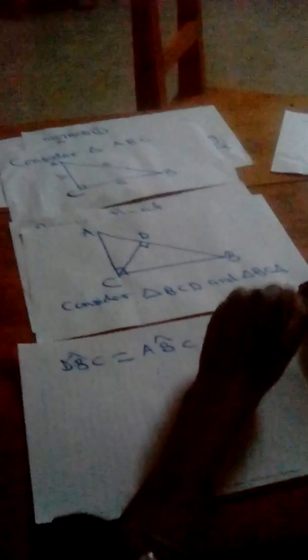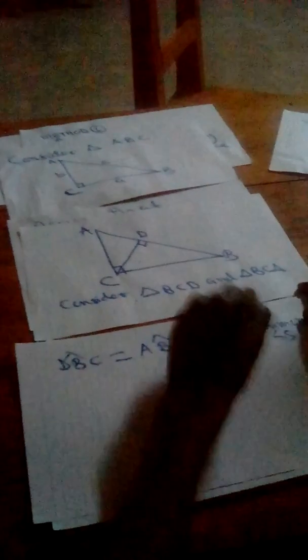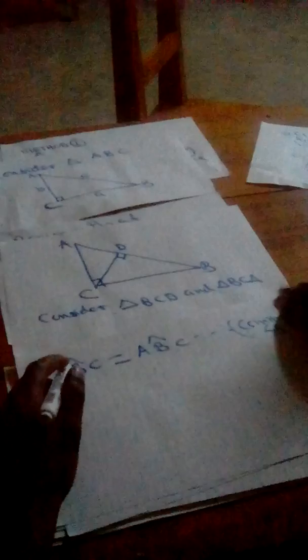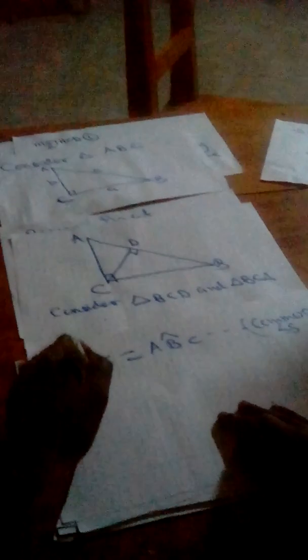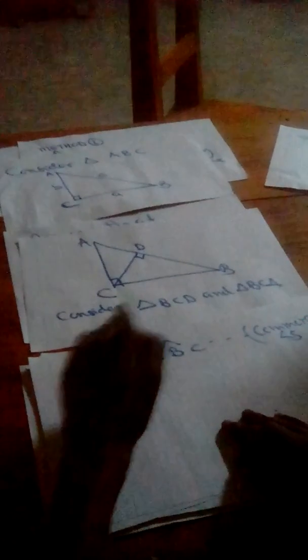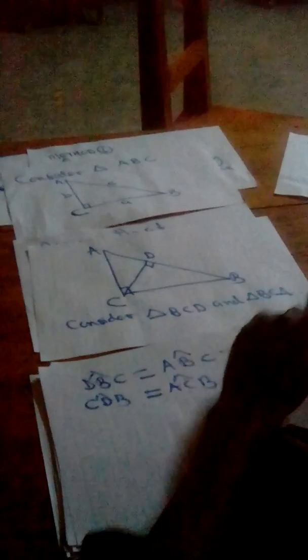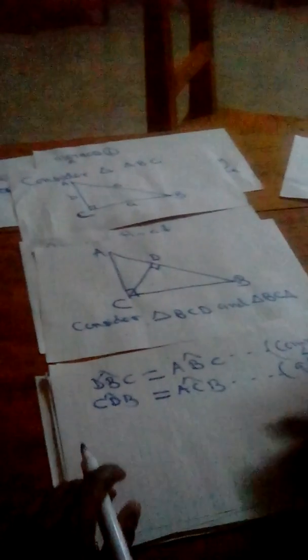In this small triangle here, DBC, angle DBC is equal to angle ABC. Why? They are common angles. But angle CDB, this angle here in the small triangle, will be equal to angle ACB, and this is because they are 90-degree angles.